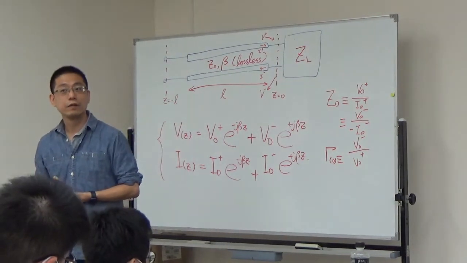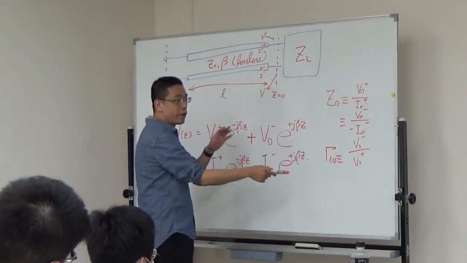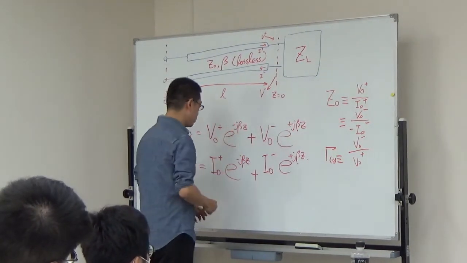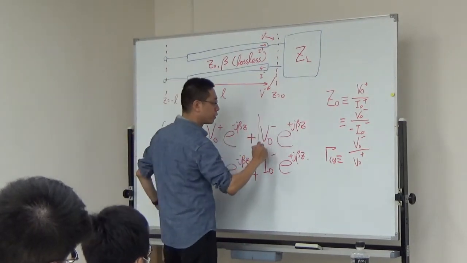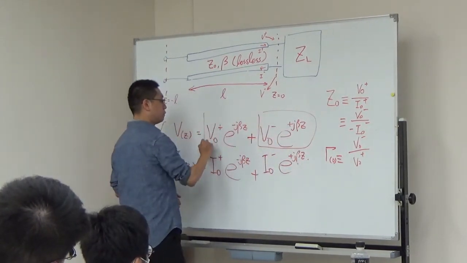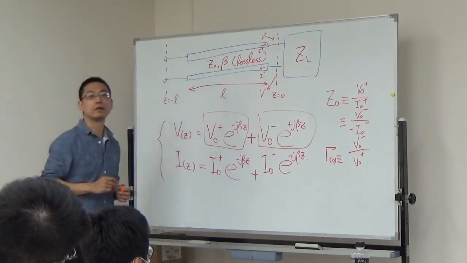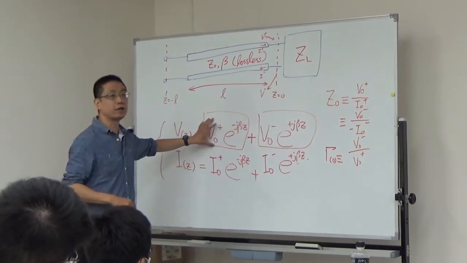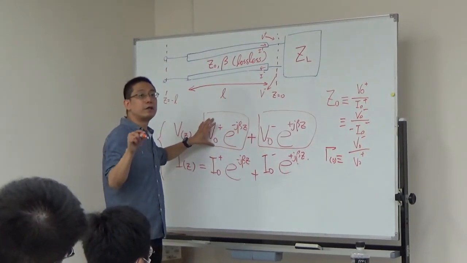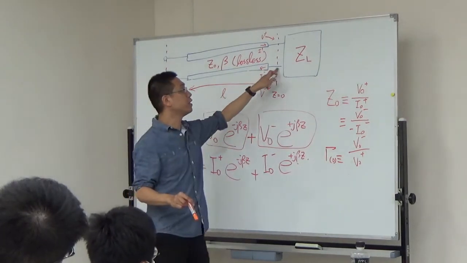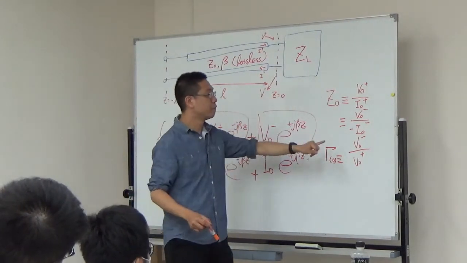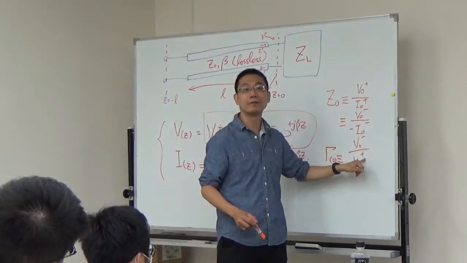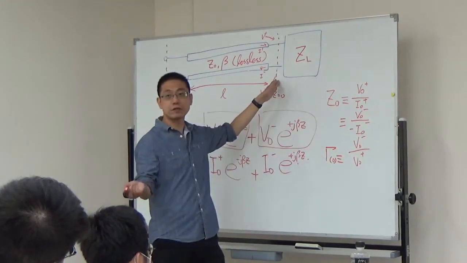So this is the ratio of the positive voltage over the negative voltage. This is a ratio of this term over this term. This is the phase, right? And this is the magnitude. If you look at the reflection coefficient at this point, of course, the result is V0 minus over V0 plus, right?